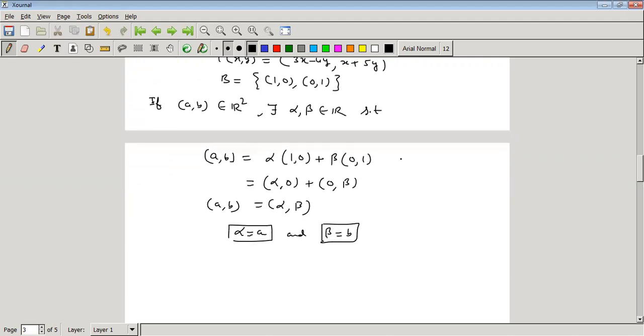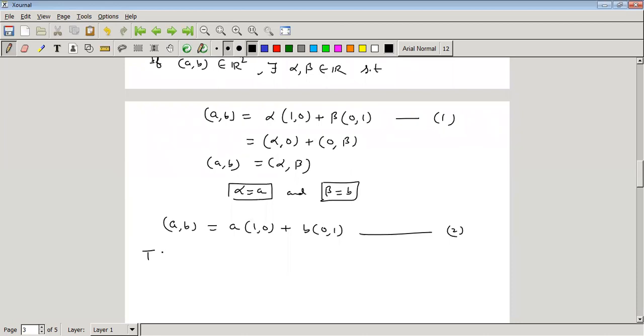So if this is our first equation, any element (a, b) in R2 can be written as a times (1, 0) plus b times (0, 1). If you give me any element of R2, I can write it as a linear combination of the elements of the basis.